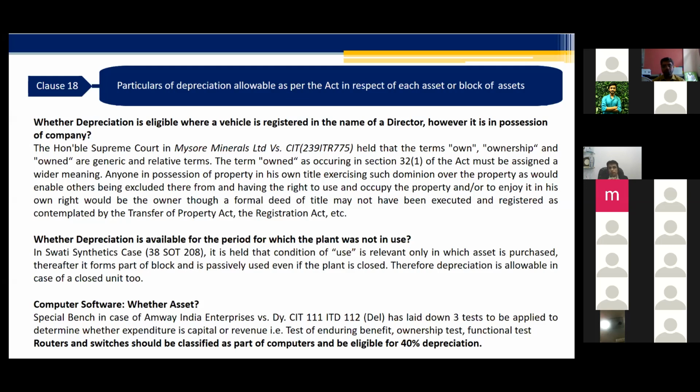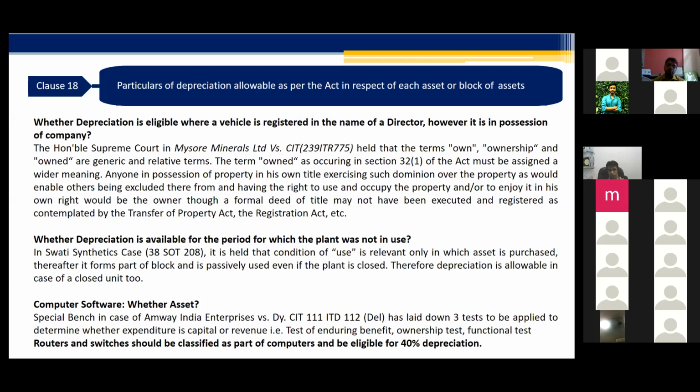Computer software. There's a dispute whether router switches should be classified as computers, and whether it should be a capital expenditure or revenue expenditure. There were a lot of issues. The distinction between revenue and capital expenditure in the case of computer software has been the subject of a lot of litigation.